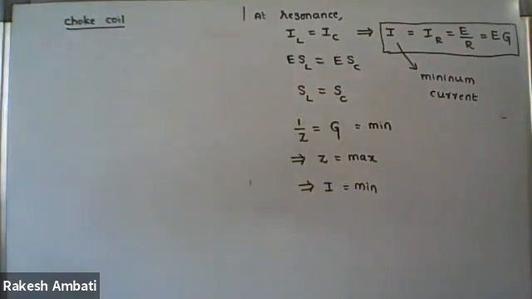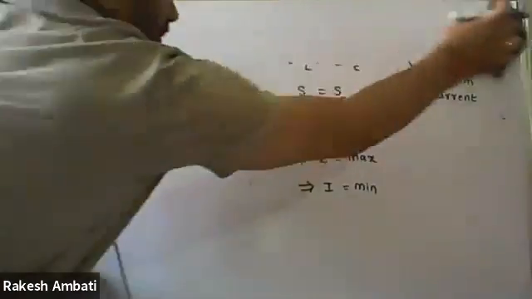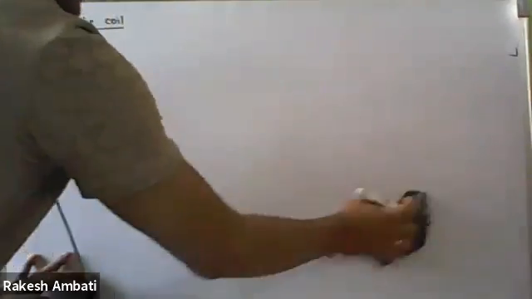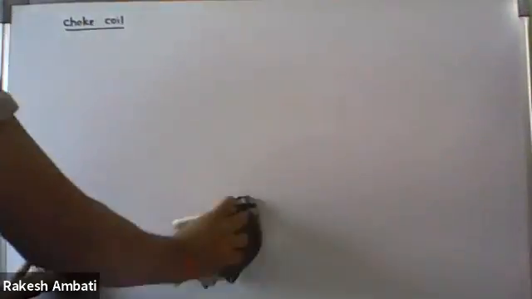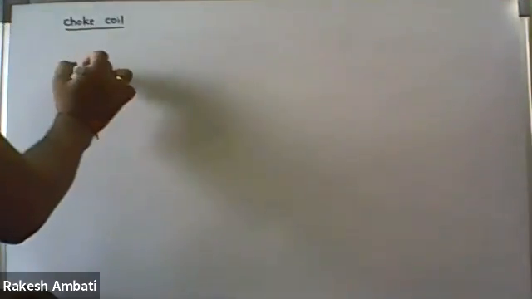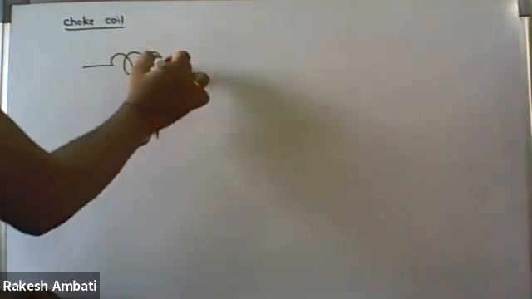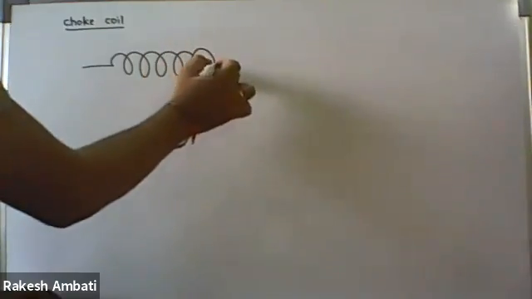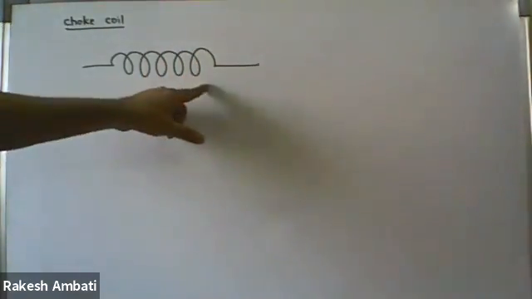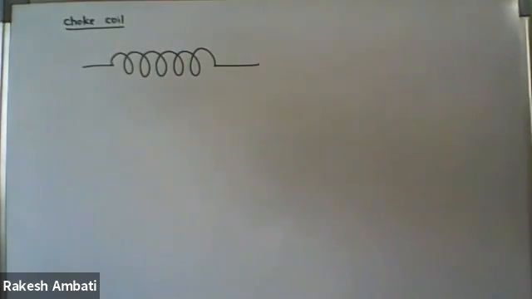Choke coil. A choke coil is nothing but a wire that we bend in the form of a solenoid, in the form of a coil.